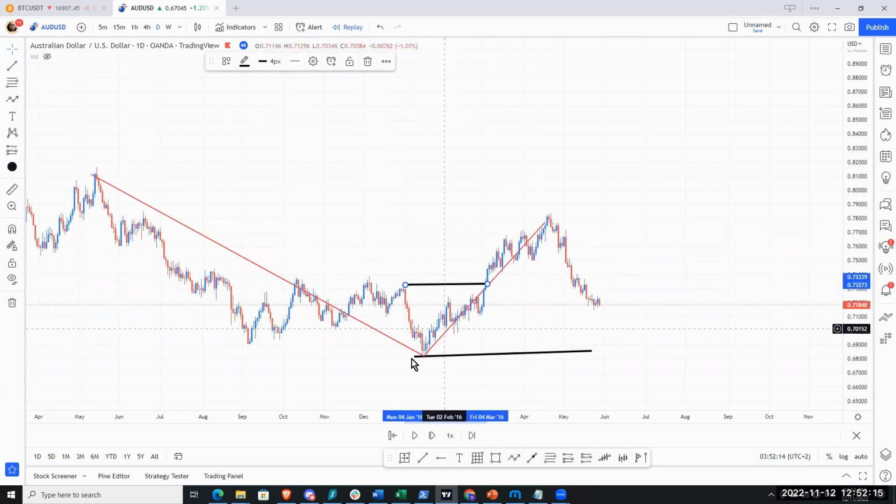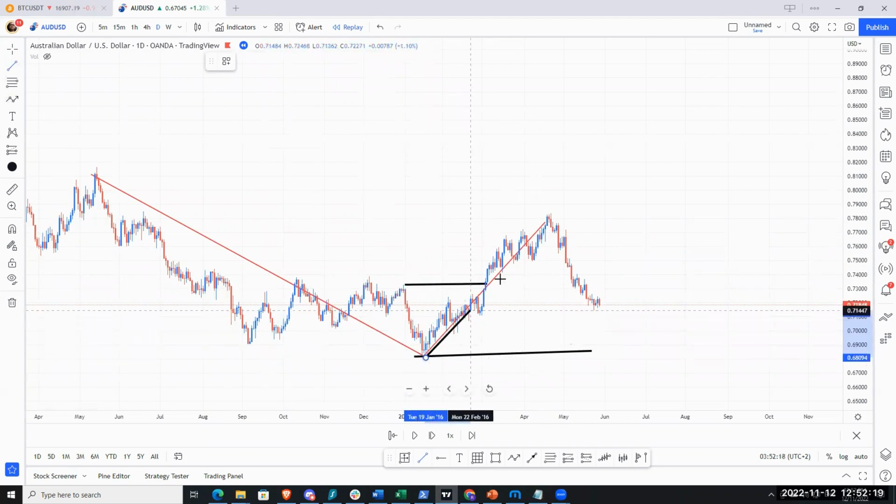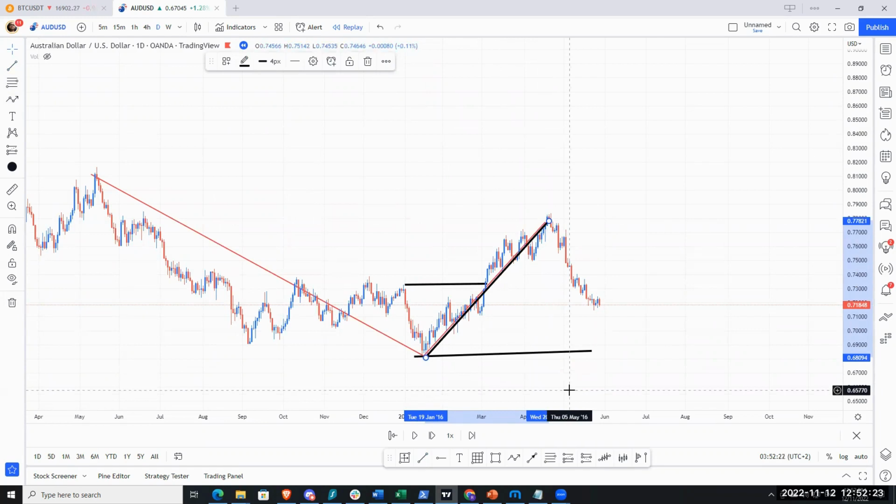Now with this break of structure in this time frame, we are looking for a retracement in this zone. What's happening now? The market moves lower and starts making lower lows and lower highs here. So we can have multiple areas of entry for the short trade, because remember, this is our low.